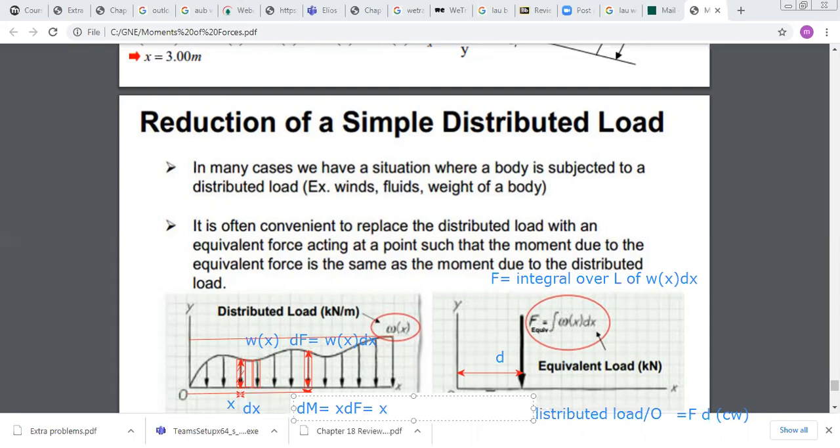So the elementary moment is x times omega x dx. Now, how to find the total moment? I do integration. So M of the distributed load about O is simply equal to the integration over L of the function x omega x dx. And in this way, I obtain the total moment.